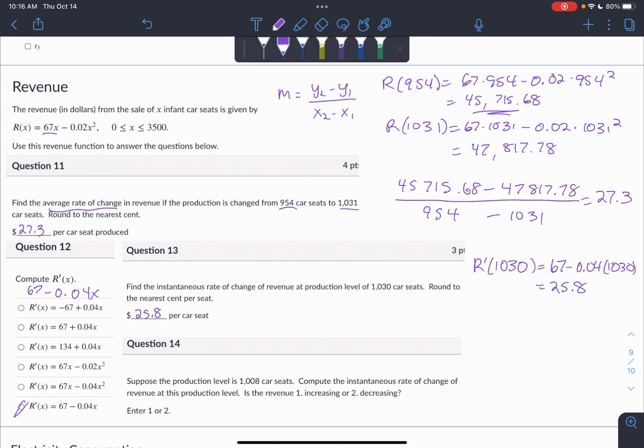For 14, we want, suppose production level is 1,008, compute the instantaneous rate of change, and then interpret what this means for revenue. So R prime of 1,008, so again, plug it in to get the instantaneous rate of change.